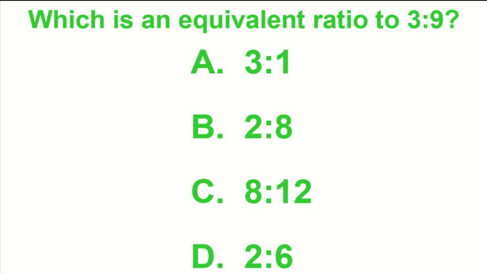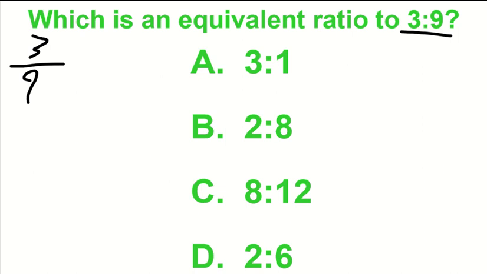All right, so the way this works is it's like simplifying fractions. If we take that ratio, 3 to 9, we write it as a fraction.